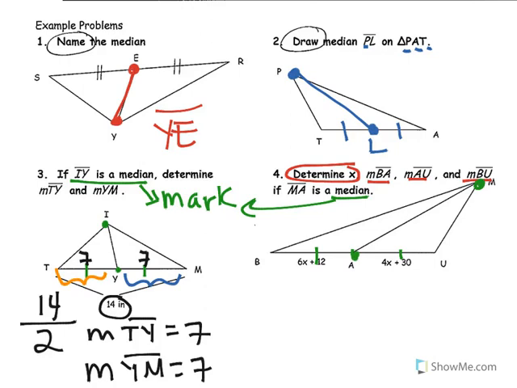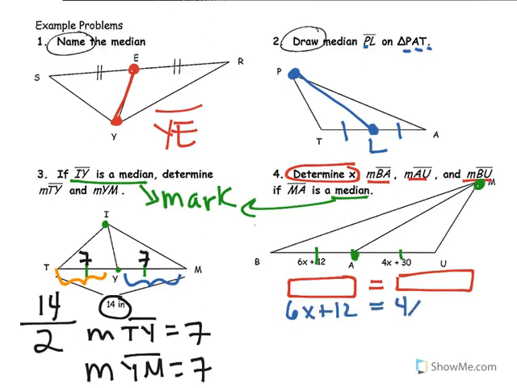A lot of you are having some trouble with equations. If I'm putting in tick marks here, that means that those two things are equal. So the equation that you're going to set up is something equals something else, okay? What are the two things that have tick marks here? Those are the two sides, 6x plus 12 and 4x plus 30. Those two segments have to be equal since MA is a median.